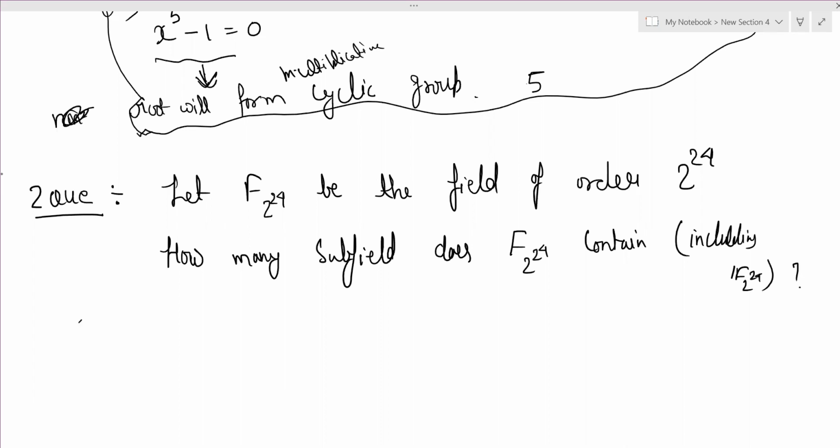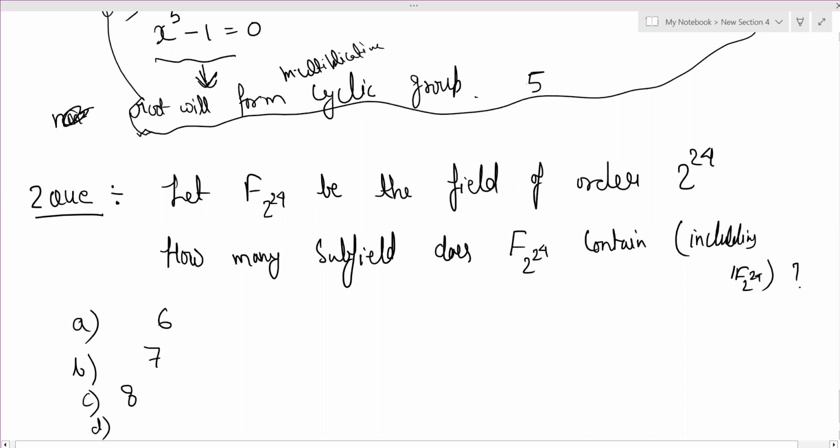The options are A is 6, B is 7, C is 8, and D is 9.